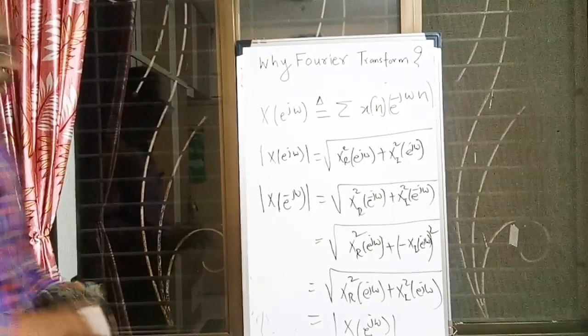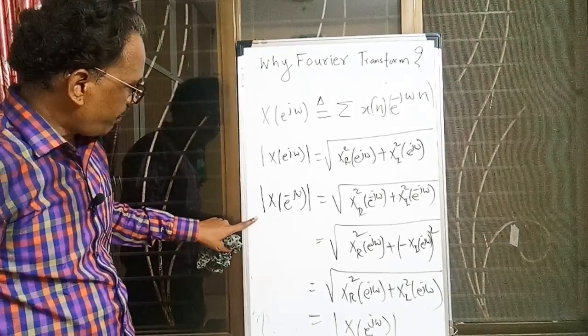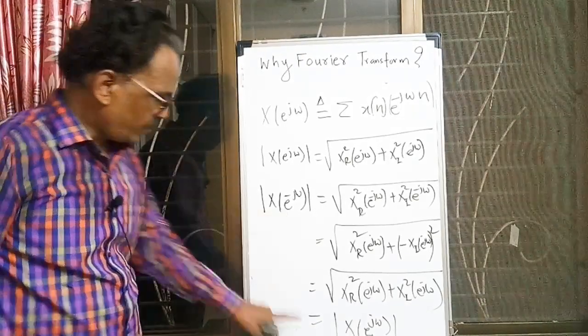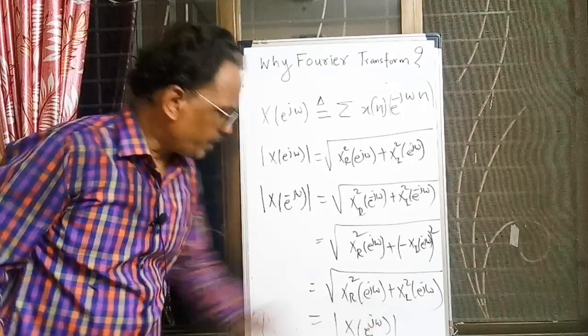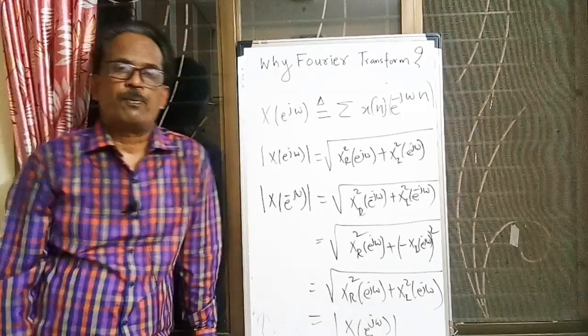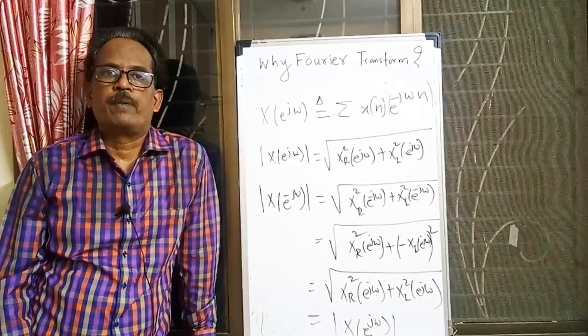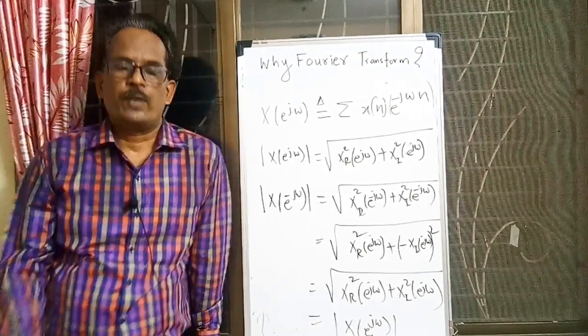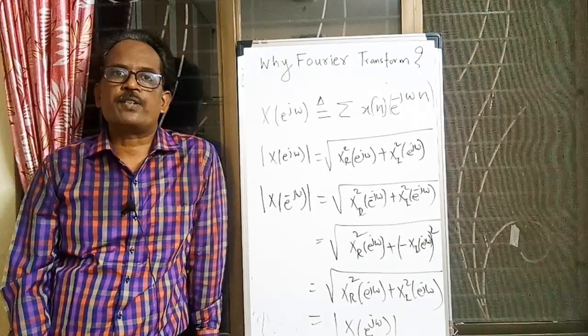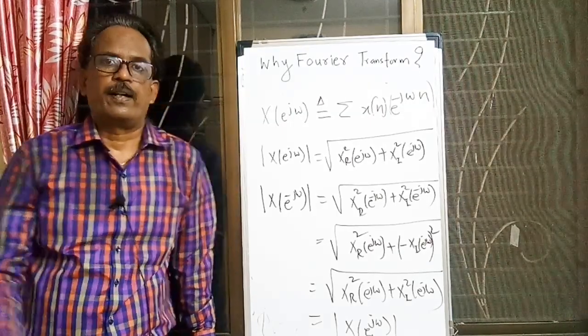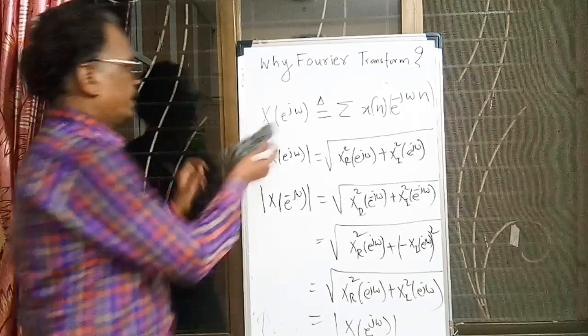So here, if we observe this, mod of x of e to the power minus j omega is equal to mod of x of e to the power plus j omega. So we can say that the magnitude of the Fourier transform is always symmetric. So let us summarize whatever we have studied in this class.